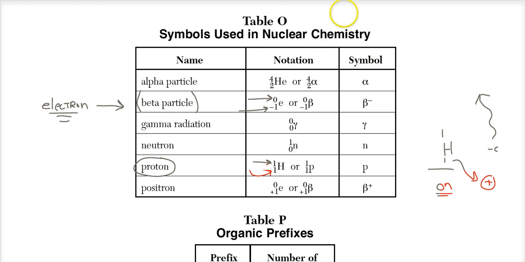So if you look very carefully, you can see that the beta particle, or the electron, and the hydrogen are very similar, but they differ because they have opposite charges. The bottom number is -1 here, the bottom number here is +1. So they have opposite charges and they're equal in magnitude. So that's another place to look if you needed to see that. Let's go back to the question.